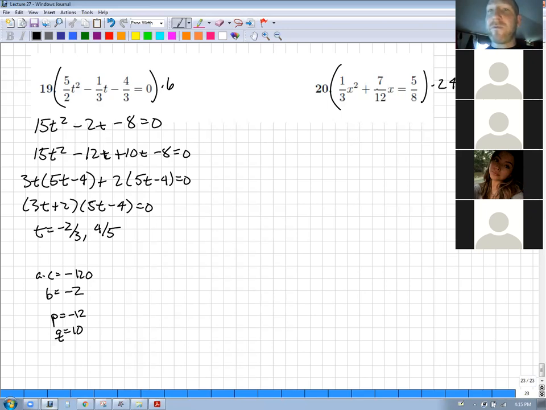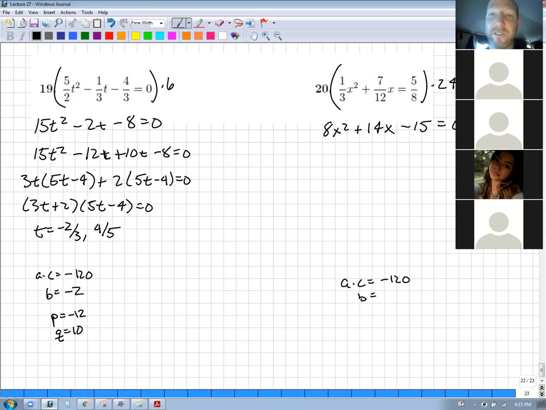So 24 over 3 is 8. 24 over 12 is 2 times 7. And then 24 over 8 is 3 times 5 is 15. We need to move it over to the other side of the equation. So our trick says, a lot like the last one, 8 times 15, it's still minus 120.